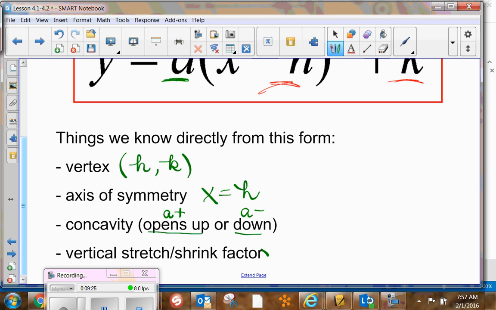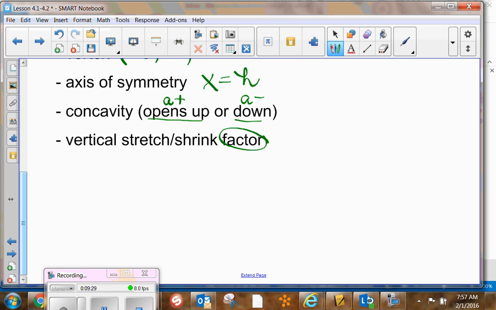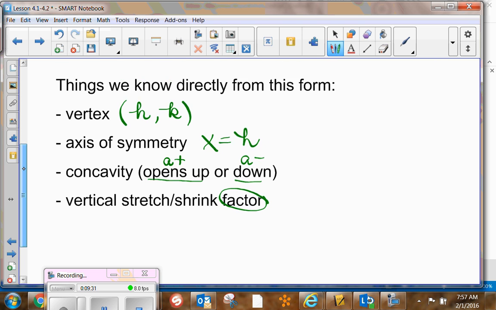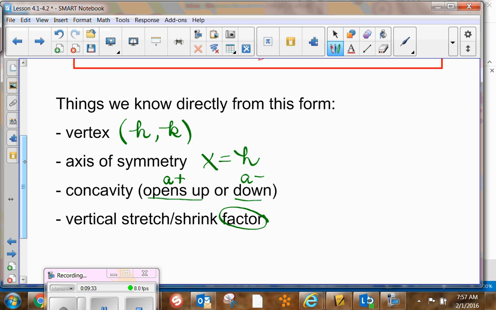We haven't really talked about this factor business, but let's talk about it today. What will a be if it's a shrink? Well, let's do stretches first, because that's what I can visualize best. Let's think about the putty we talked about, the putty that you can play with. If you stretch it this way, is it getting skinnier or fatter? It's getting skinnier, right?